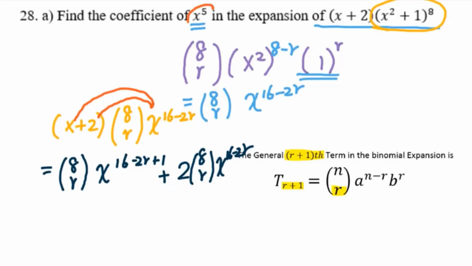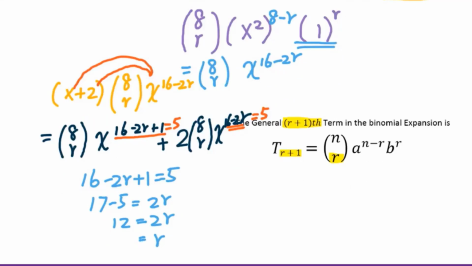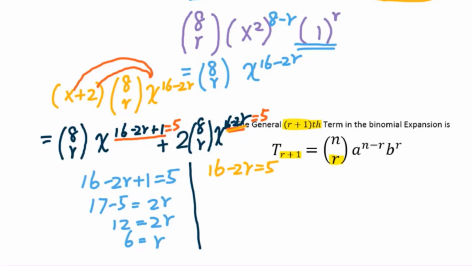Since I'm looking for x to the fifth power, these exponents have to be set equal to 5. Then we solve 16 minus 2r plus 1 equals 5. Then move 2r to the right side. You get 17 minus 5, 12, equals 2r. So r equals 6. For this part, we got 16 minus 2r equals 5.